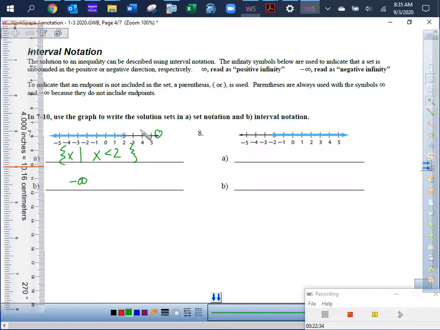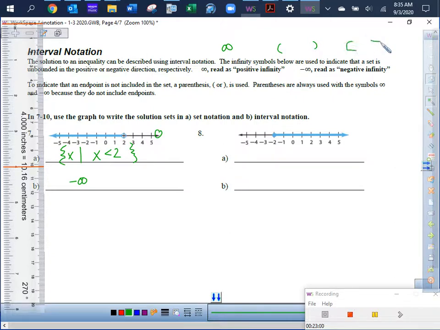So the infinity sign, I have a hard time making it. It's like a sideways 8, but I just usually put like 2 circles right next to each other touching. But it's negative infinity. And you know like how we have open dots and closed dots with our system in this? Interval notation doesn't use open dots and closed dots. They use parentheses and they use square brackets.